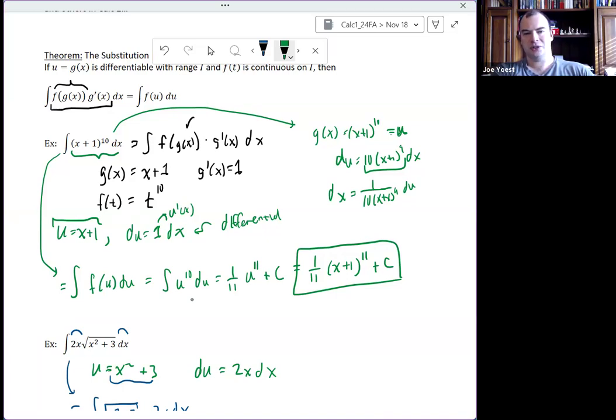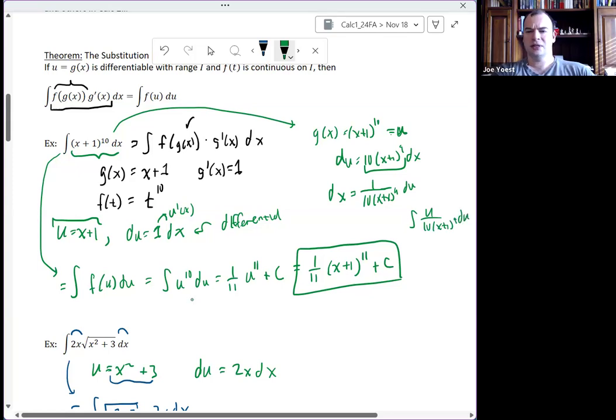I guess the integral of u over 10 times x plus 1 to the 9th du. So now I have an integral with some u's in it and some x's in it. And it's really easy to mishandle something like this because u and x are related to one another. It's really easy to accidentally pull an x out or something like that. So I wouldn't recommend doing this.